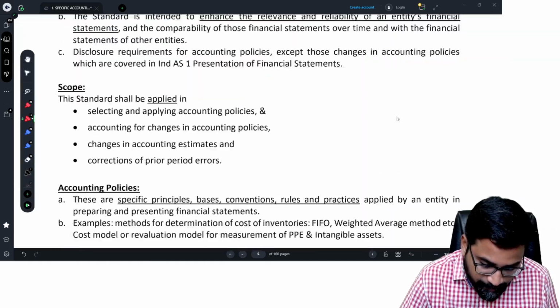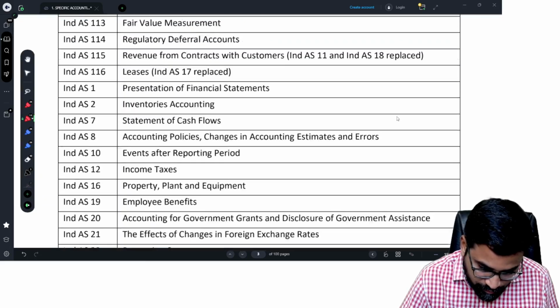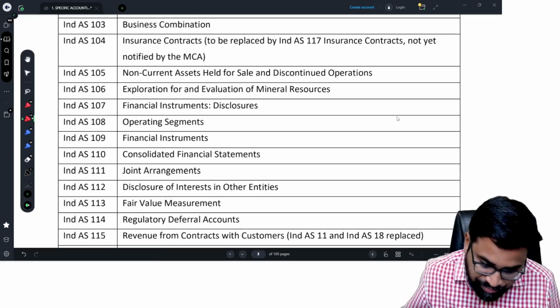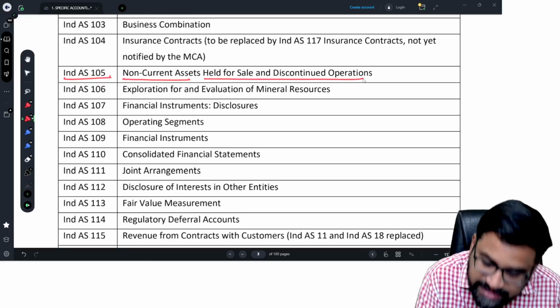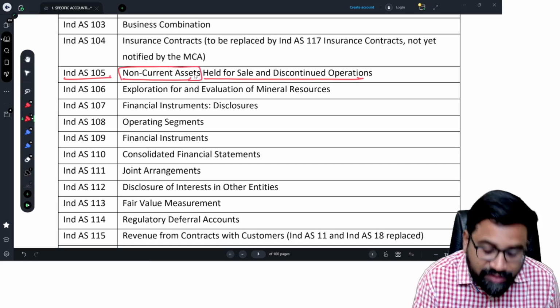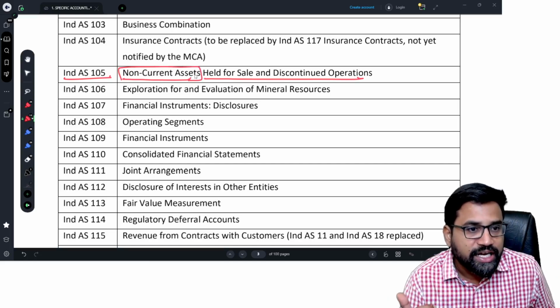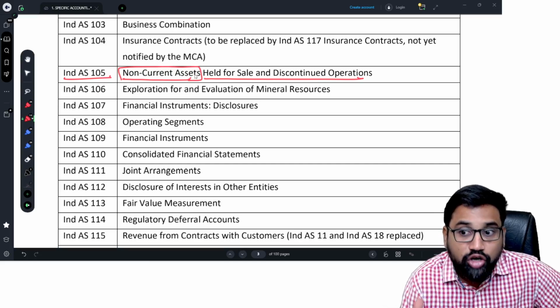See, we have IND AS 105, I will show you. IND AS 105: Non-current assets held for sale and discontinued operations. So there is a standard IND AS 105 which exclusively talks about non-current assets held for sale. Non-current assets generally means tangible fixed assets, long-term assets.